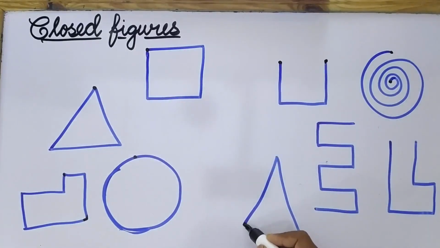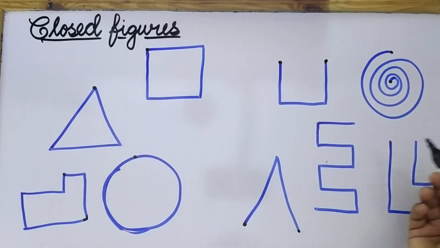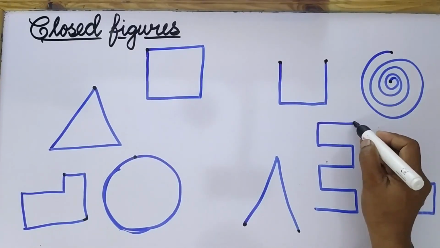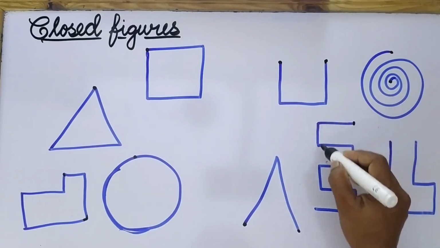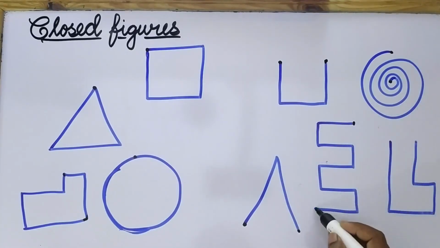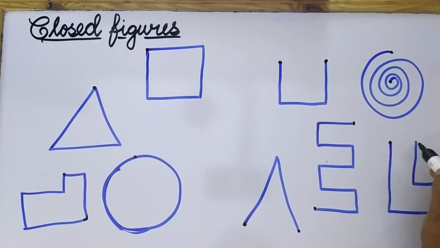See here, if you start from here, draw and you'll end here. And have a look at this. If we start from here, we'll draw and we will end at another point. The same way, we did not draw any line here. So if you start from here, we go on drawing and here it ends.